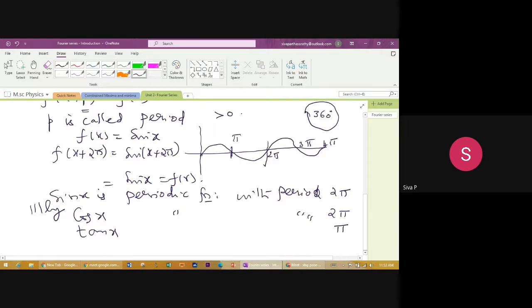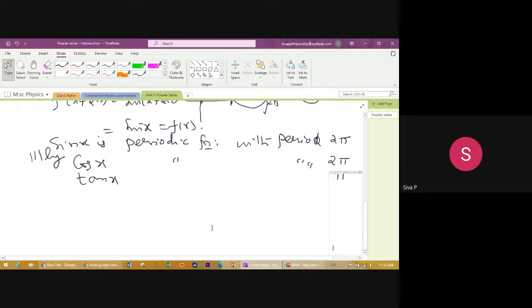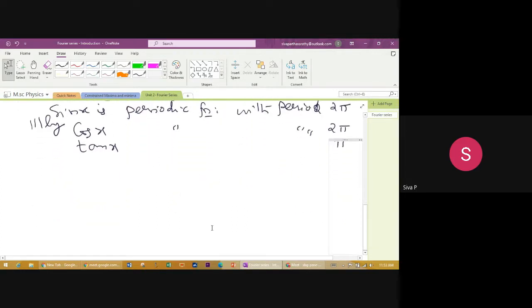Okay. In general, how can we write the period of the function? In case we take sine, cos, and so on. In case f of x is sine something, at the time the period is pi.